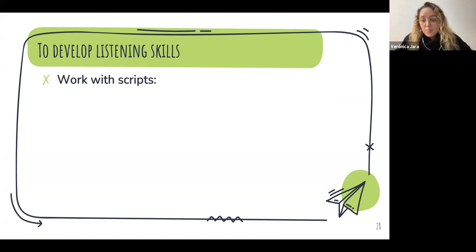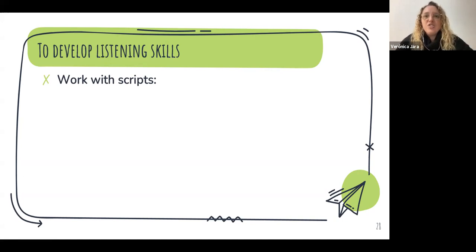More often than not, we get the scripts. Well, sometimes we don't, and you decide if you would like to sit down and write it down. I wouldn't, I would do something different. But in general, we have access to the scripts.